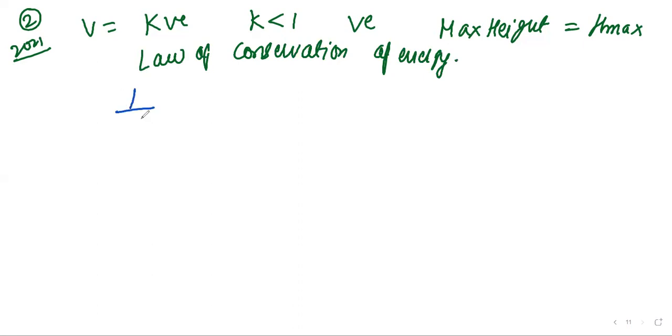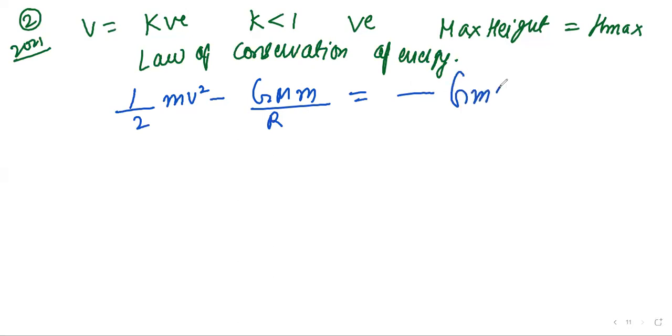The initial kinetic energy is 1 upon 2 m v square, minus the potential energy, which is given by minus G M small m divided by R, is equal to the total energy at the top, minus G M small m upon R plus H. So find the relation between them now. The small m will get cancelled.